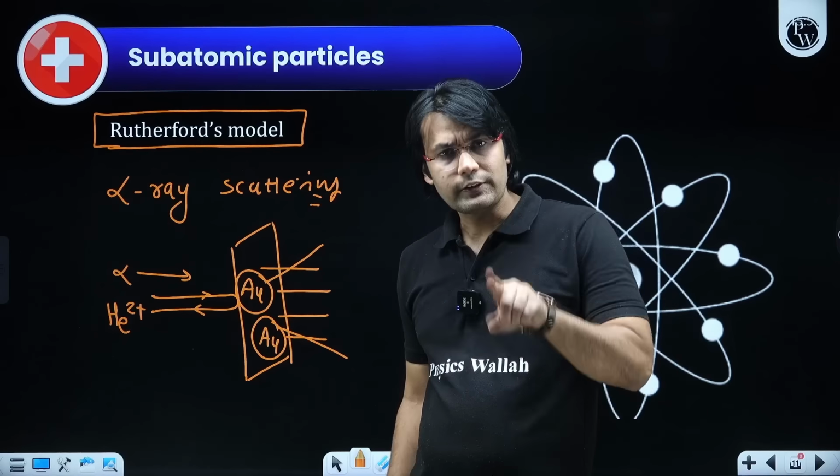When the principal quantum number value is 1, it means the first orbit. If it is 2, second orbit. 3 means third orbit. So each value of the principal quantum number indicates an orbit, a shell.